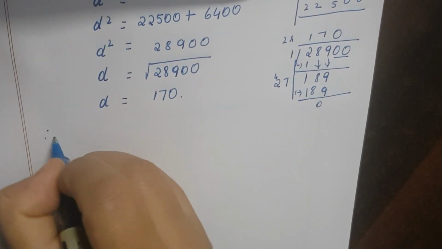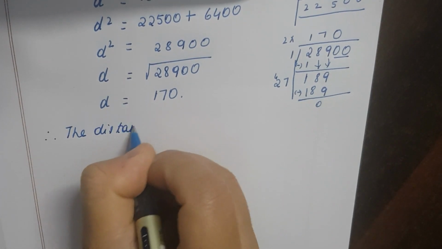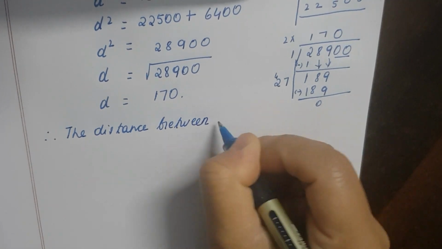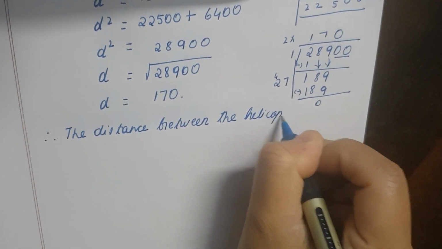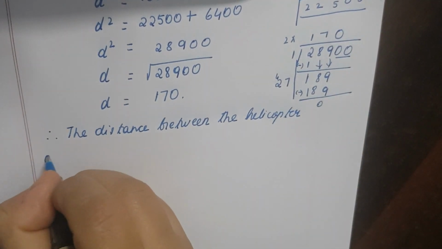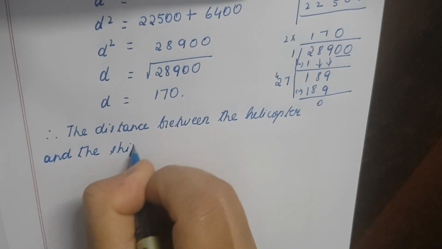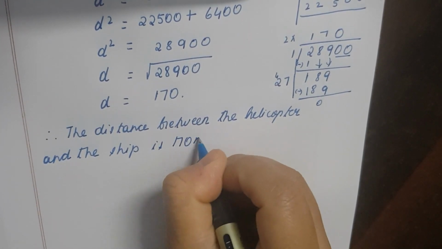Therefore the distance between the helicopter and the ship is 170 meters.